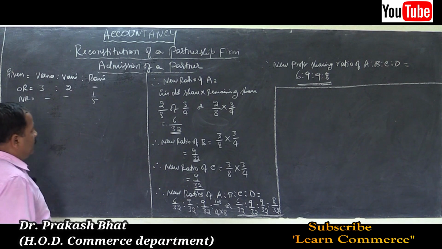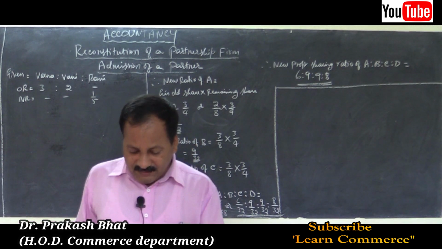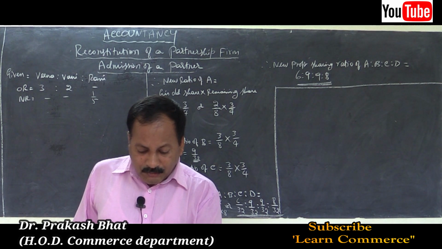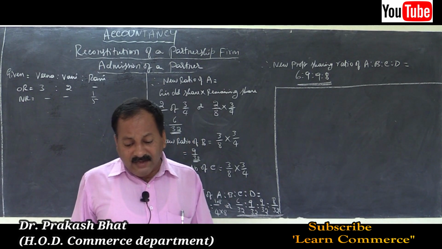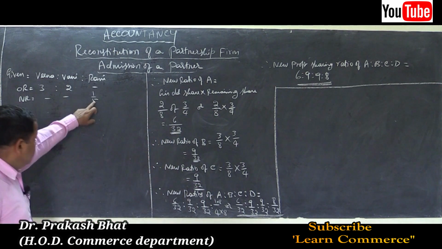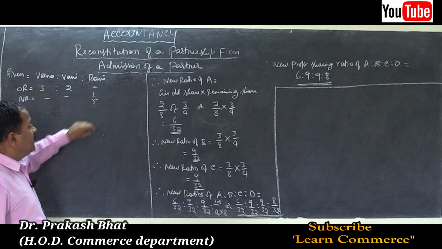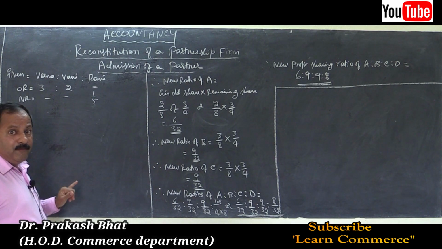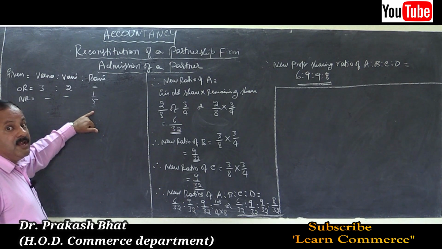Yes. Now, it is clearly mentioned in the problem that Rani, a new partner, is admitted for 1/5 share in future profits of the firm, which she gets equally from Veena and Vani. That means the share given to Rani, 1/5, is the combination of the sacrifice made by Veena and Vani equally.